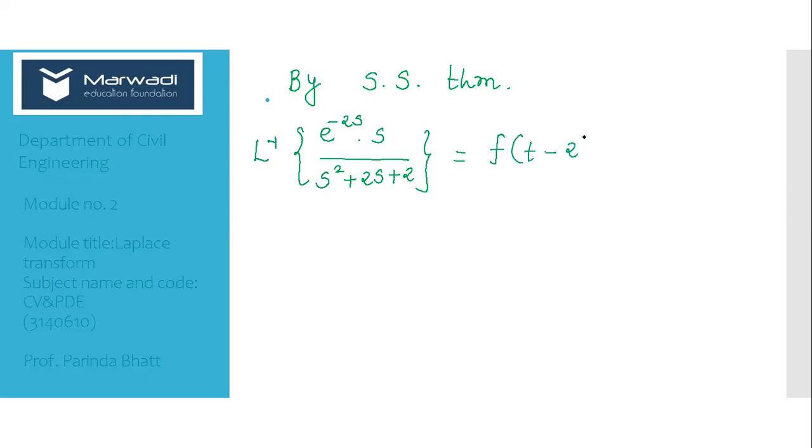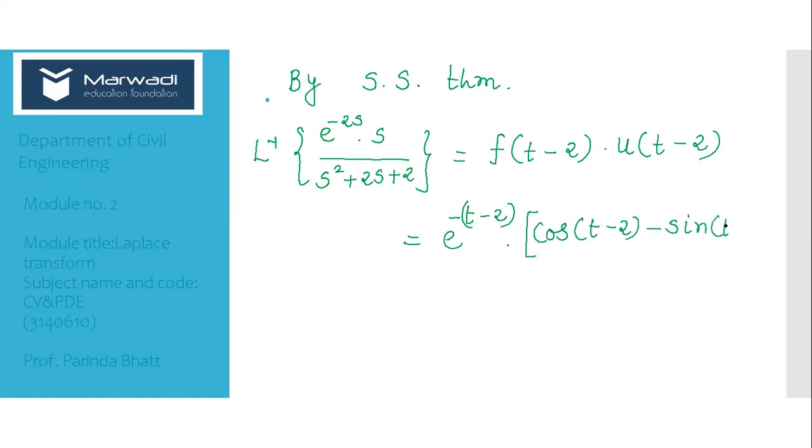Therefore, f of t minus 2 into u of t minus 2: e raised to minus t minus 2 into the bracket cos t minus 2 minus sine t minus 2, into u of t minus 2. This is our final answer.